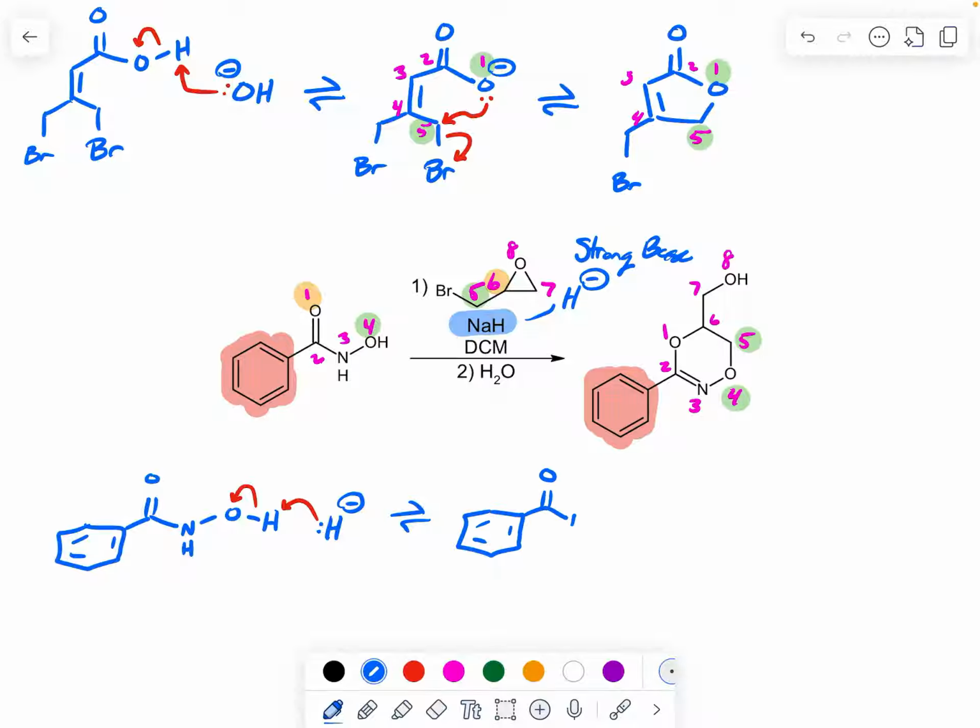So if we now redraw that as the anion, we can see there's that. If this were to react with our other reagent, you'd notice something a little interesting. When we talked about epoxides, we stated that they were typically less sterically hindered than something like a normal alkyl bromide because the epoxide has this eclipsing interaction between the hydrogens, and it leaves a lot of space on the backside.